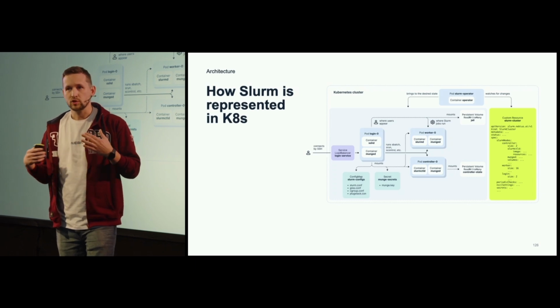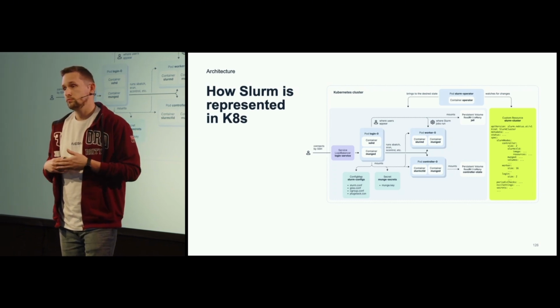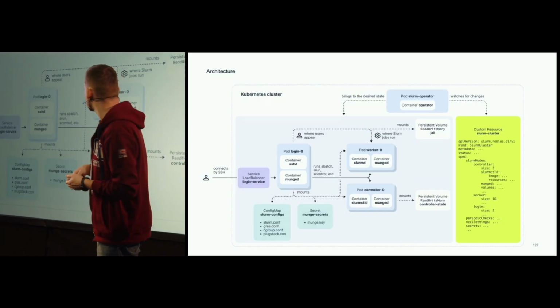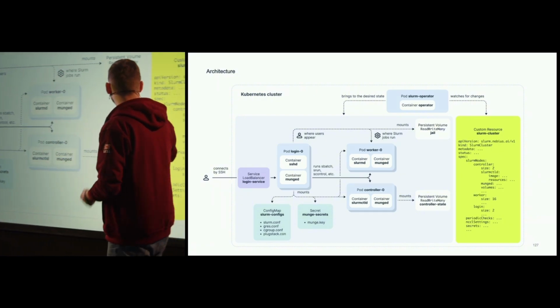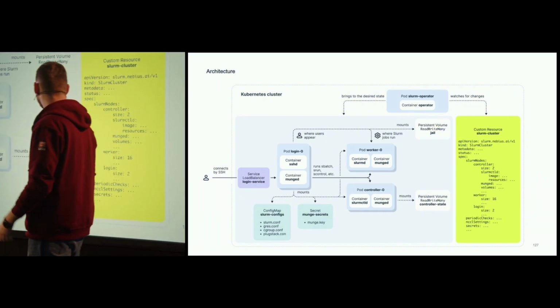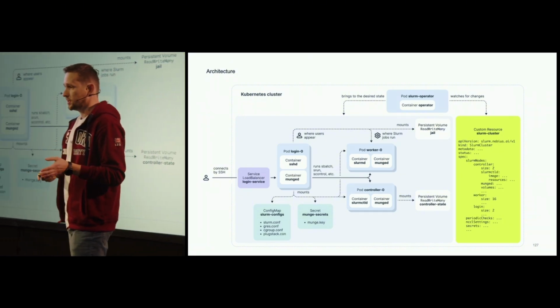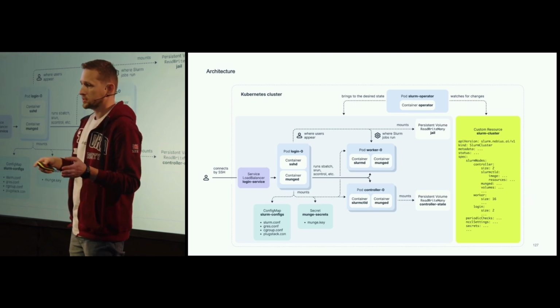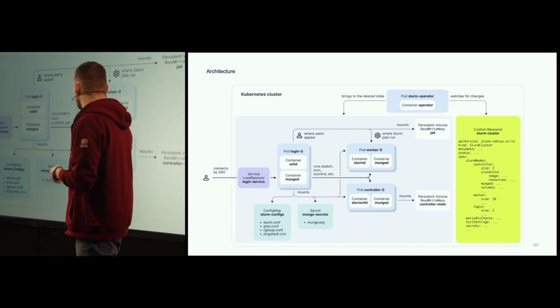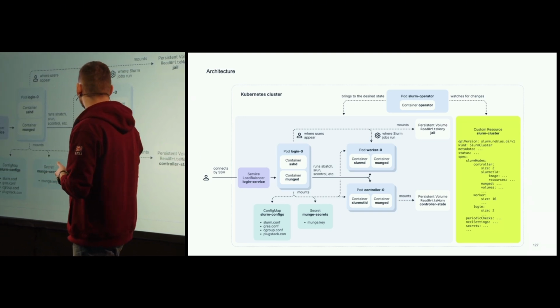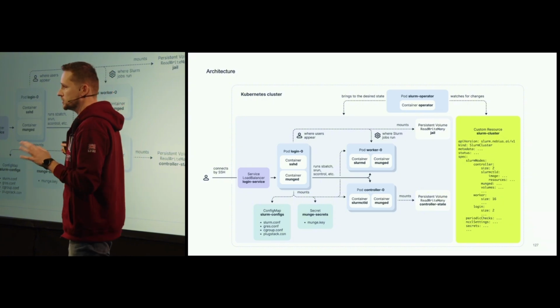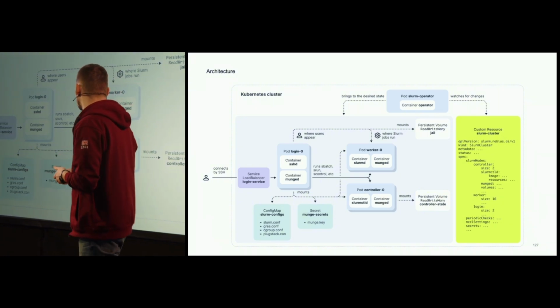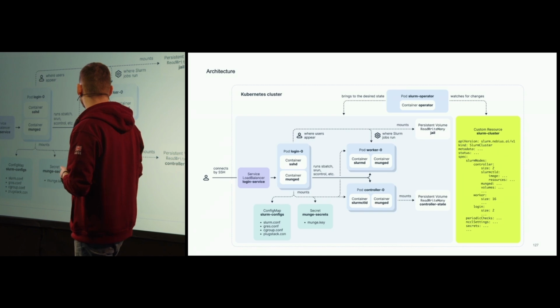To launch Slurm with Soperator is easy. You just need to fill out a YAML file and deploy it to Kubernetes, and Soperator in Kubernetes takes care of it. Here you see a simple installation. In real life, it's much more complex, but to understand it, it's enough.